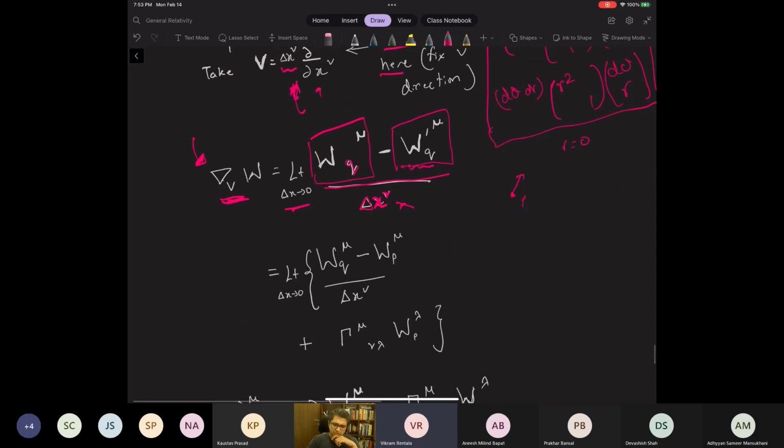And so this is very simple to see now. We use our rule for the components of the parallelly transported vector, so that is WP mu. I'll just leave this as WQ mu minus WP mu, divided by delta x nu. But now I have this plus gamma mu nu lambda.